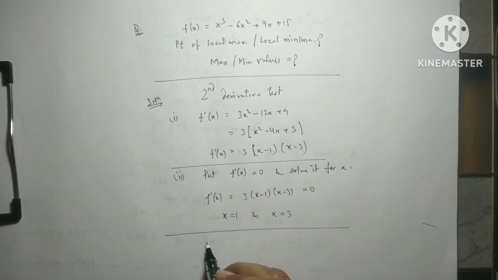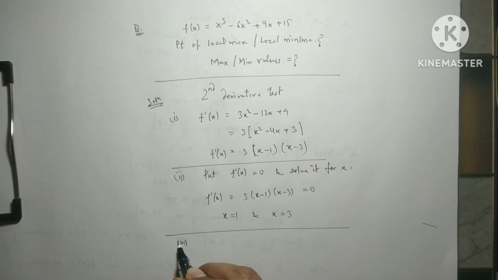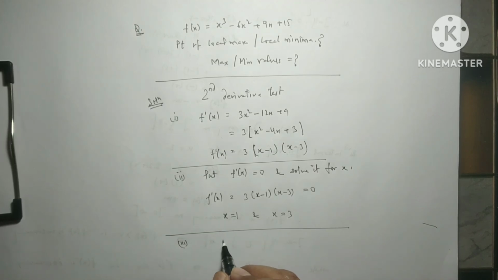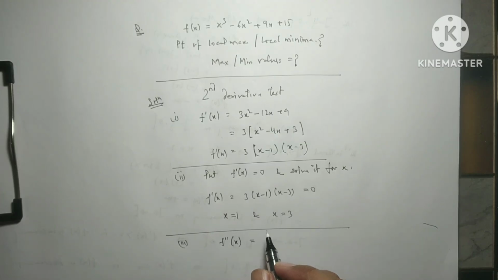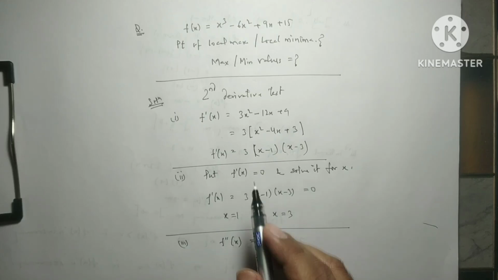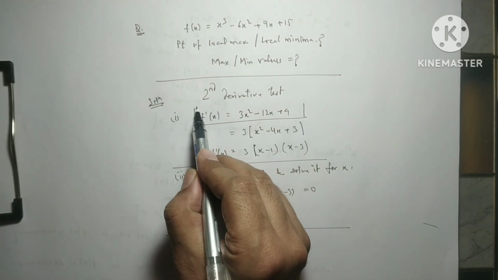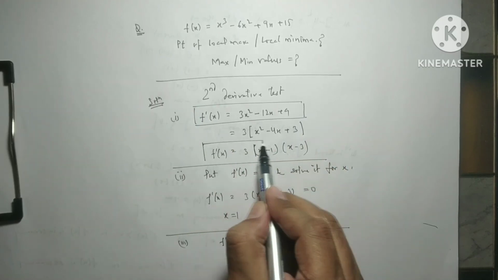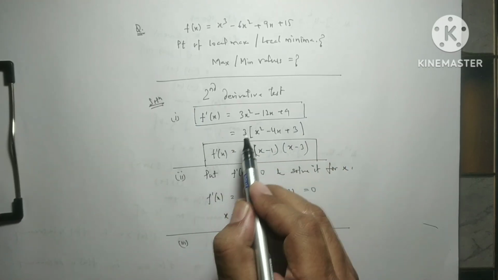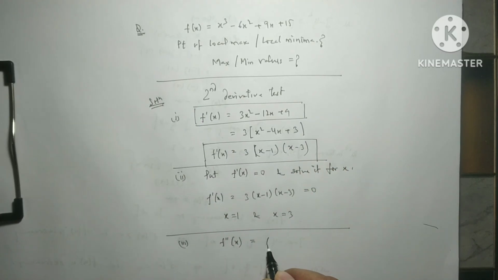Now third point, we obtain the second derivative. Because this is the second derivative test, all checking of maxima and minima will occur on the second derivative. So we differentiate this, and we get 6x minus 12.